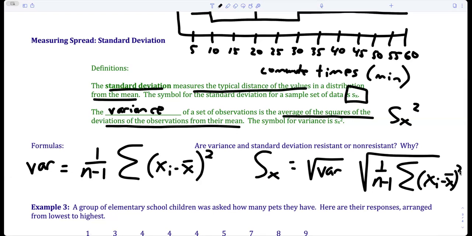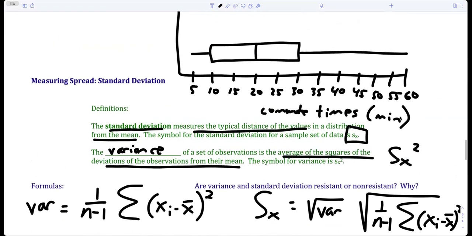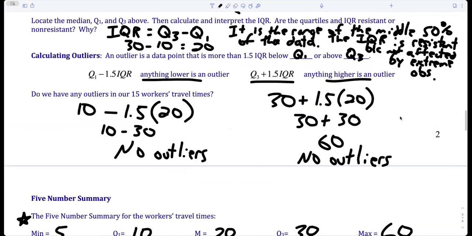But let's go back to my question there. Are standard deviation and variance resistant or non-resistant? Are they affected by extreme observations? Why would you say they are? All numbers, which would include outliers, and the outliers would influence the number. Okay, so let's go back to this example.